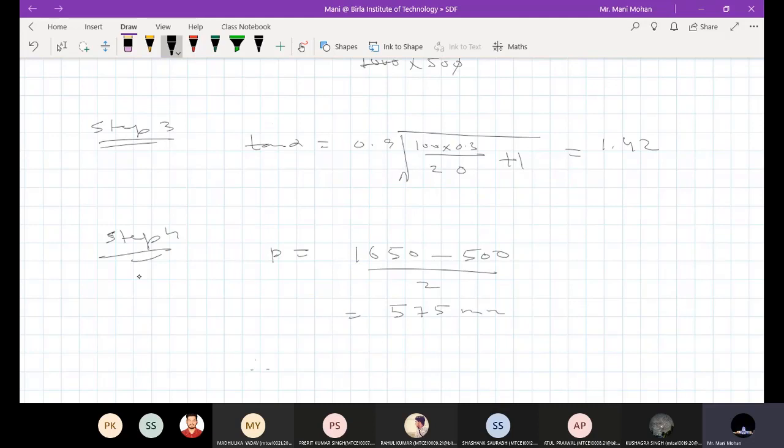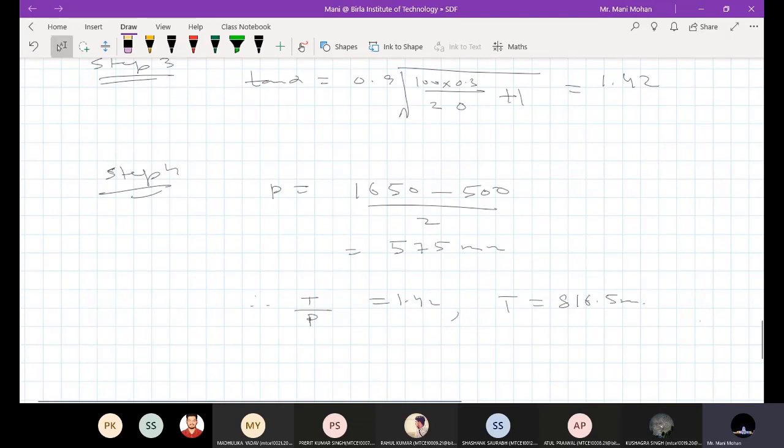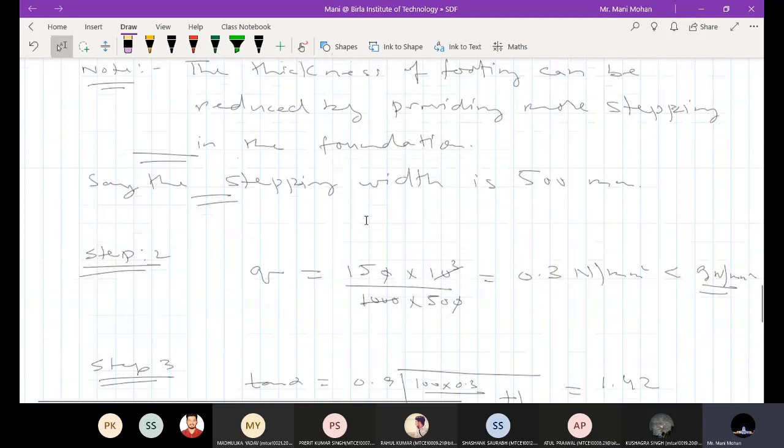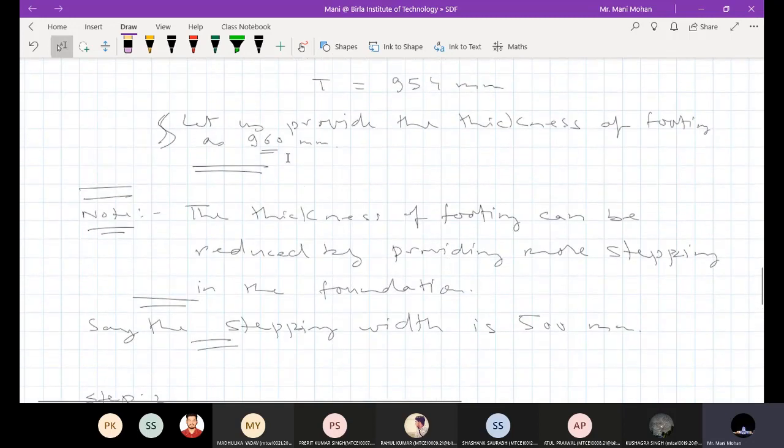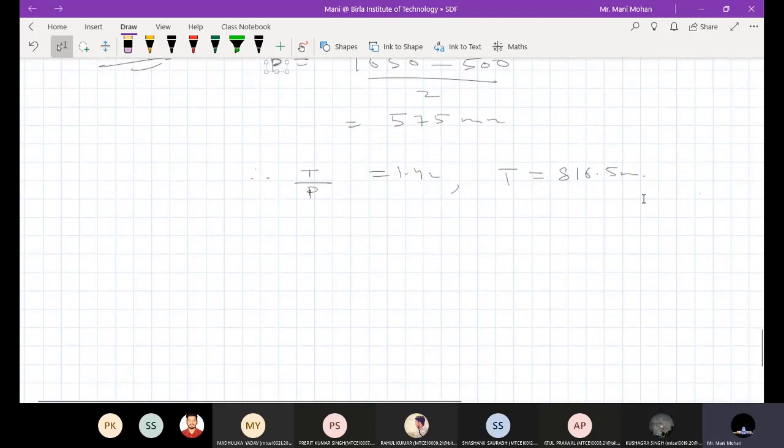So we know tan alpha, thickness by projection, equals 1.42. How much does the thickness of the footing come to? 816.5. Okay, 816.5. If you are increasing the stepping size by 100 mm, you are reducing the thickness of the footing. So here you see, rather than going with 960 mm, you can provide 820 mm thick.